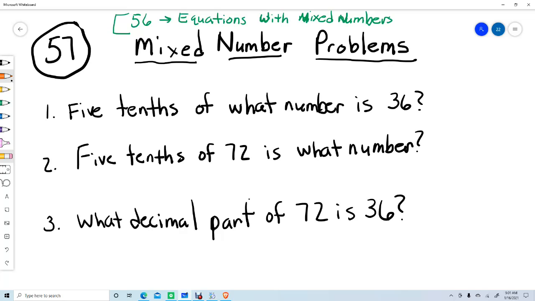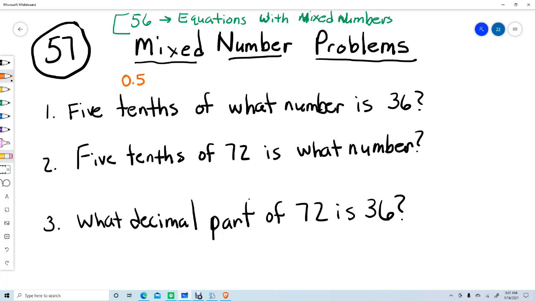Now I just want to stop for a second and explain something. You notice sometimes in these problems they'll actually write the number 5/10 as an actual decimal number like so, and other times they'll write it in words. And the pattern you're going to see is that oftentimes, or all the time, when they start a word problem, the sentence always begins with the number written out in words, because you can't really start a sentence with a number.